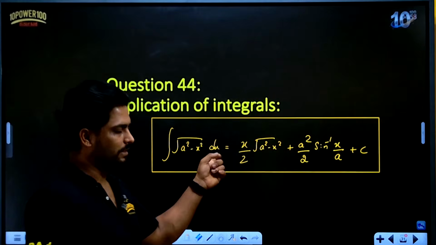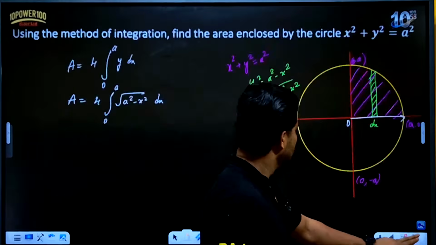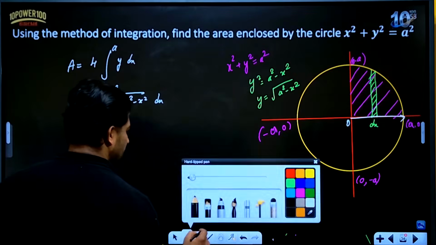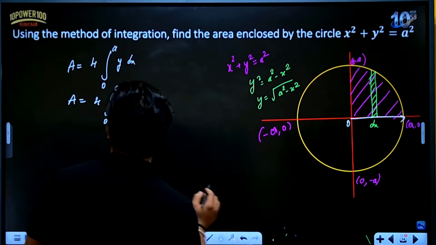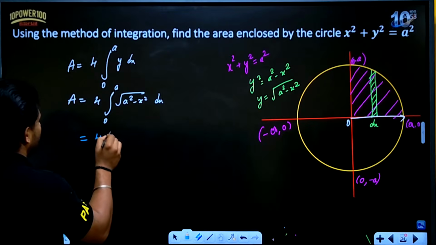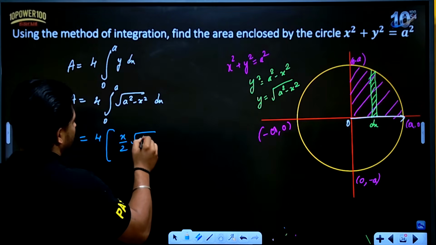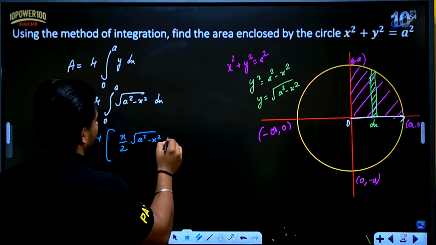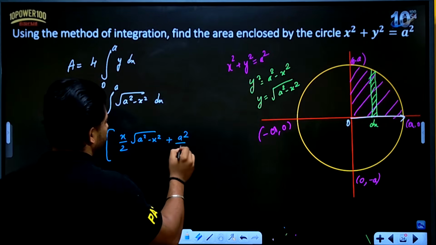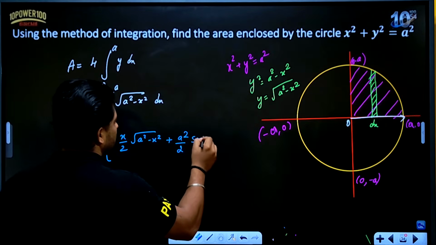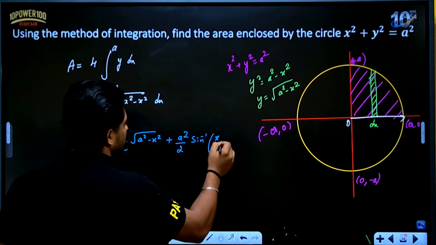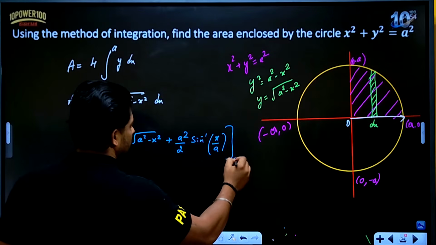Okay, so the formula for root of a square minus x square. If I write that directly here, we get 4 times of x by 2 root of a square minus x square plus a square by 2 sine inverse of x by a, with limits 0 to a.